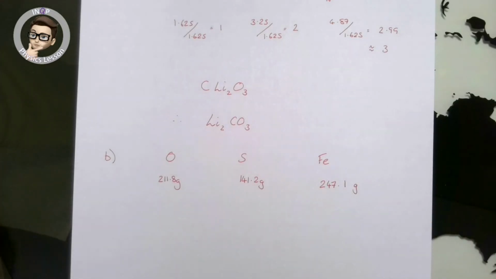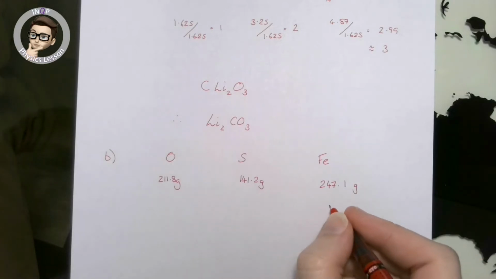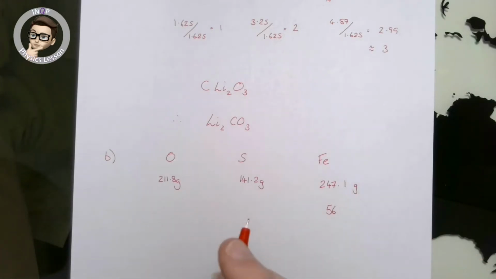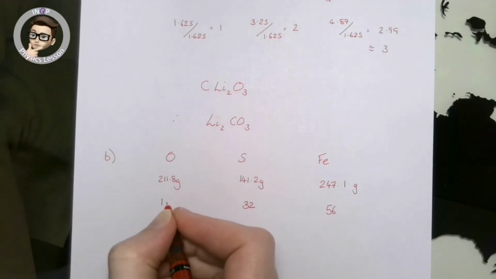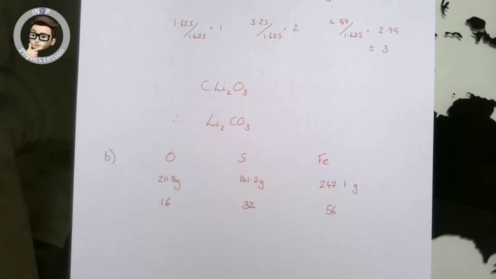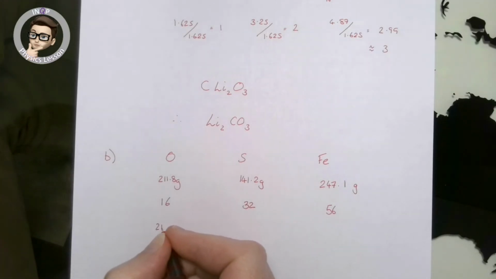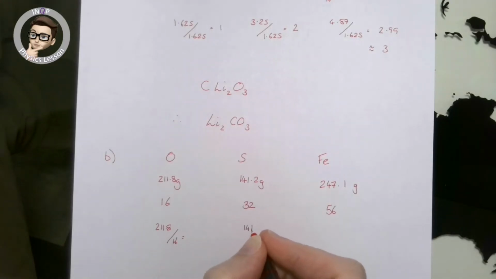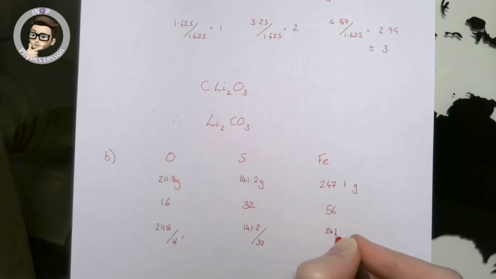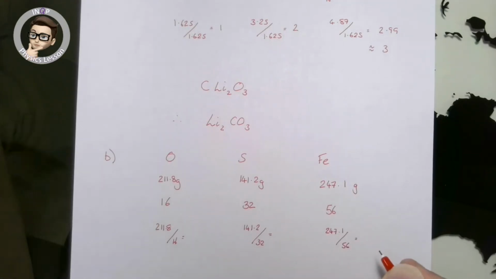We need those relative atomic masses. Iron is 56, sulfur is 32, and oxygen is still 16. So I've got 211.8 divided by 16, 141.2 divided by 32, and 247.1 divided by 56.